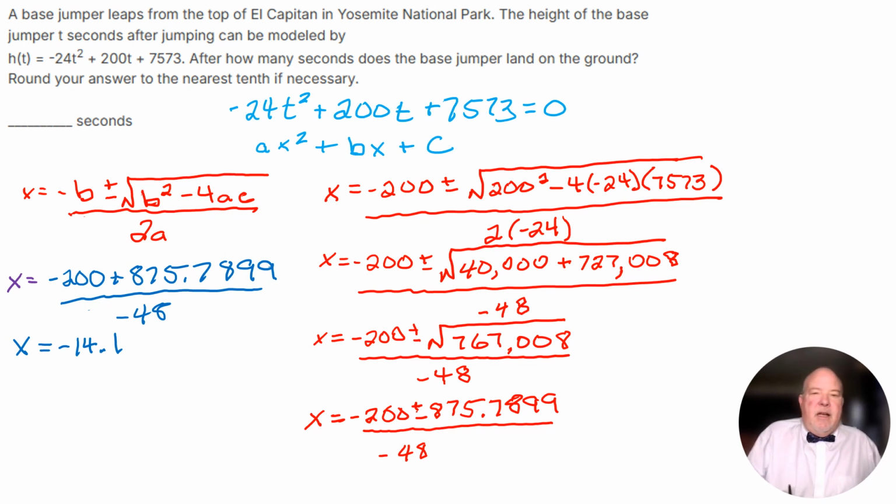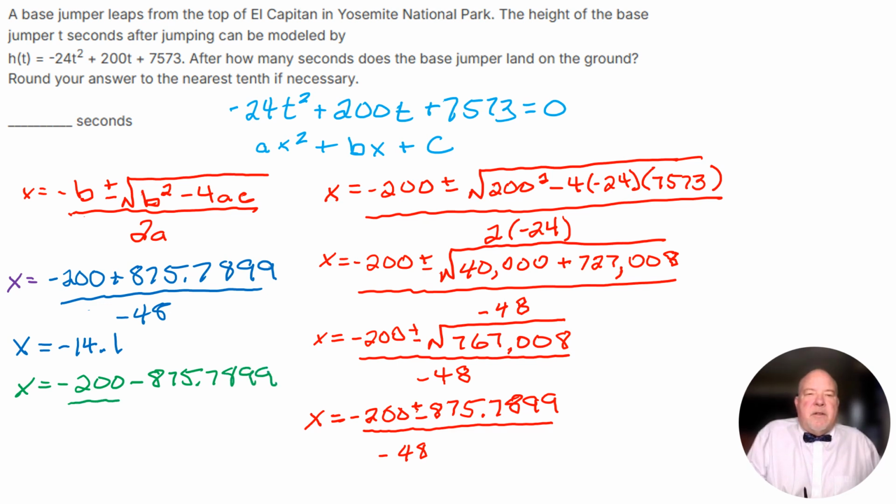So let's look at the other one. Choose a different color here. So in this one, we're going to do the minus part. So we're going to do x equals negative 200 minus 875.7899.